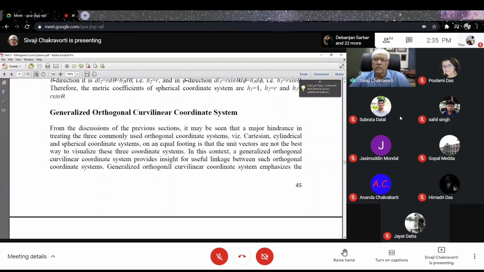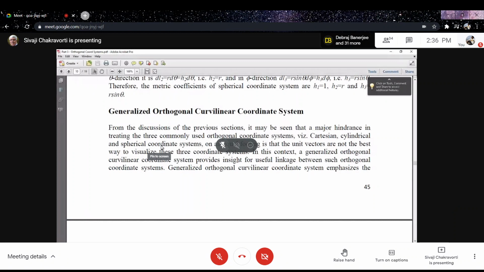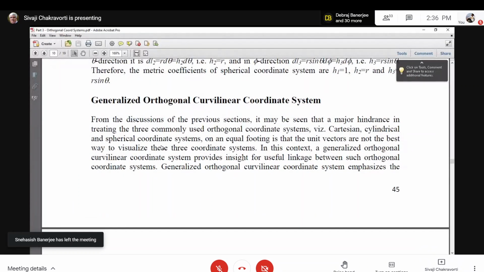If you recall our last class, we were discussing orthogonal coordinate systems. Today I will discuss what is called a generalized orthogonal curvilinear coordinate system. There are two terms here: one is orthogonal, the other is curvilinear.